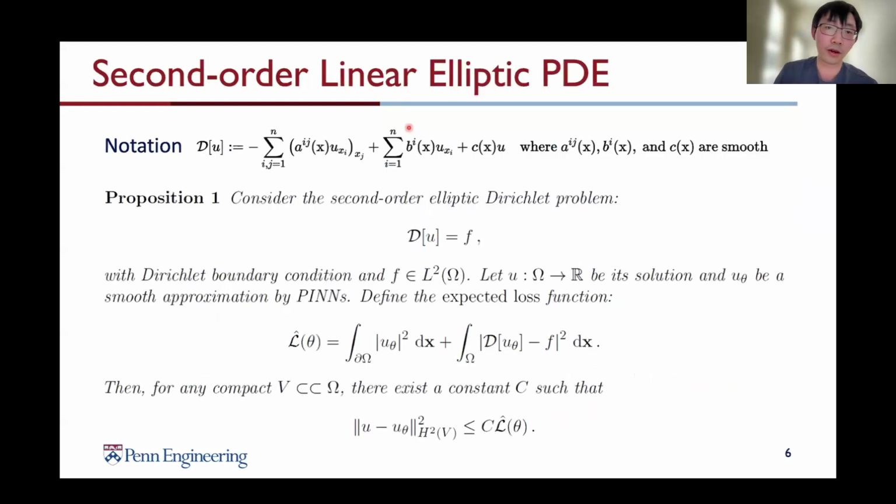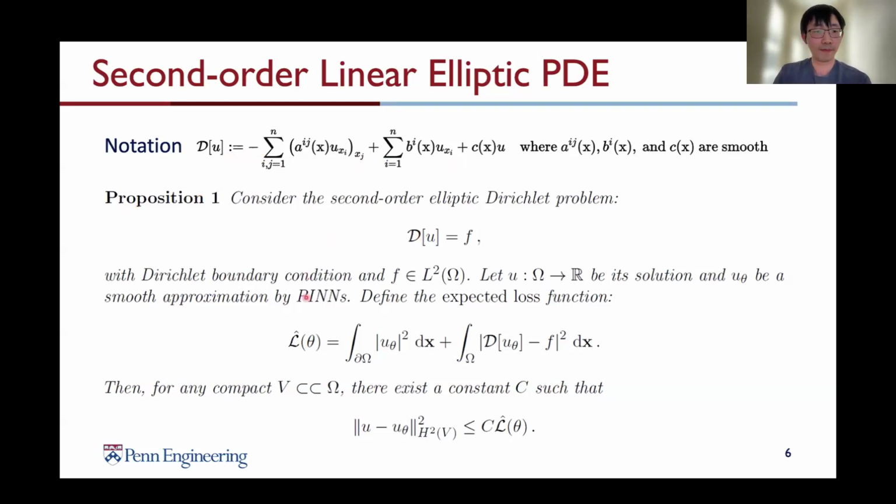So the first theorem I will introduce is about the second order linear elliptic PDE. We give such a notation. Here, D is a differential operator, where the coefficients a_ij, b_i, and c of x are smooth. And we also assume that D is uniformly elliptic. Then we can prove this proposition.